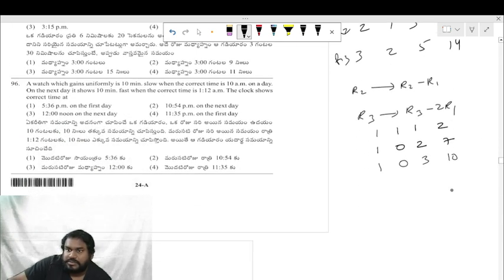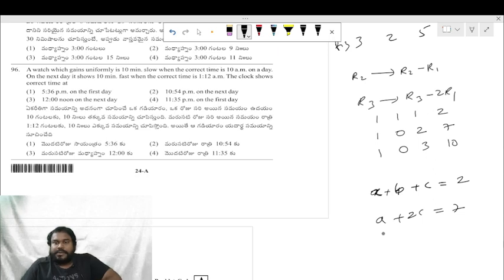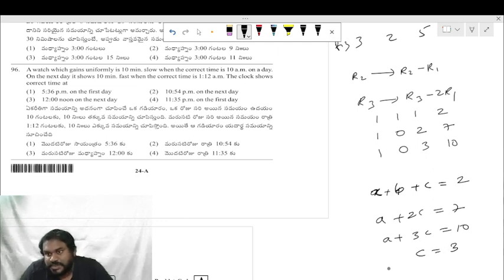Okay, what you have to do? Just write the equations. a plus b plus c is equal to 2. Now a plus 2c is equal to 7. a plus 3c is equal to 10. Now if I subtract these two, then c is equal to 3 I'll get.